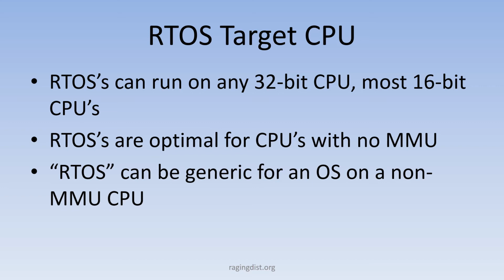So an RTOS is for a smaller CPU, but like I said, I'll talk about the differences later between a scheduler and an RTOS. So an RTOS being bigger than a scheduler and having more features, it will naturally run in real time.